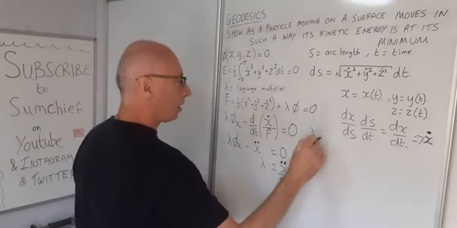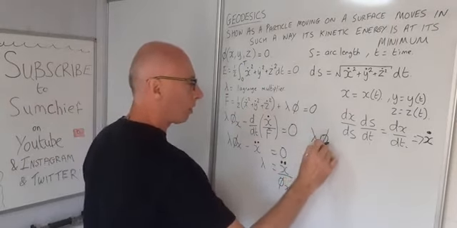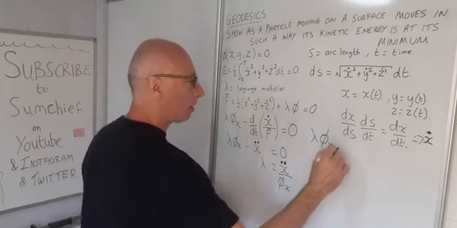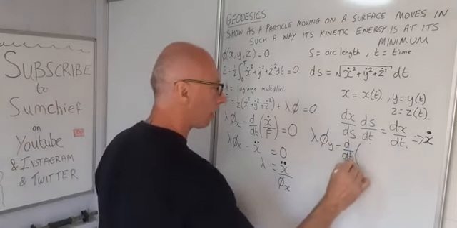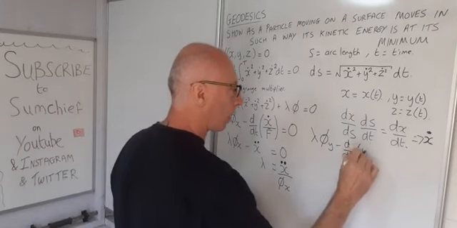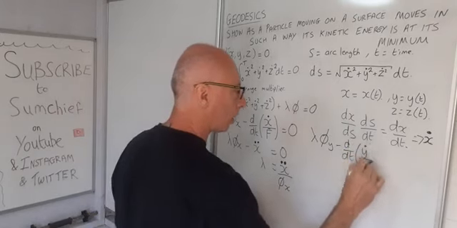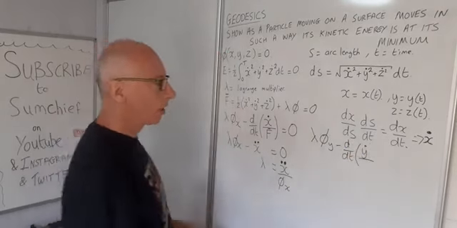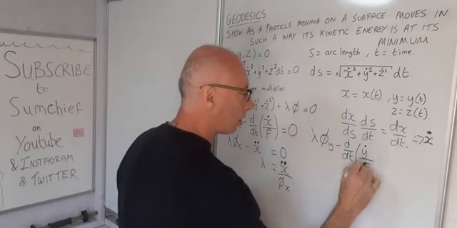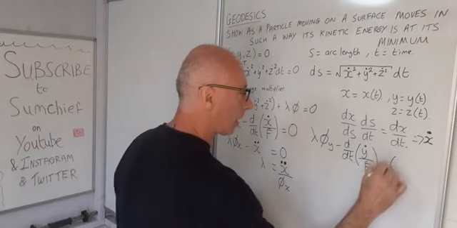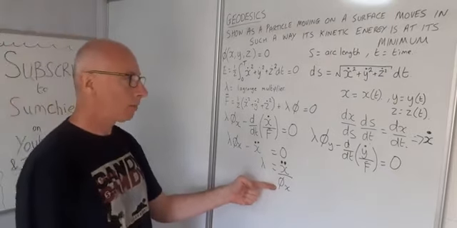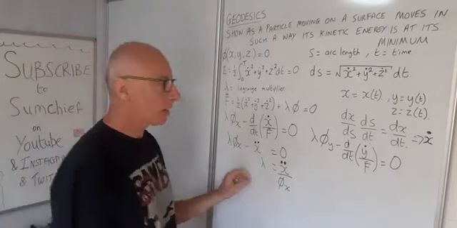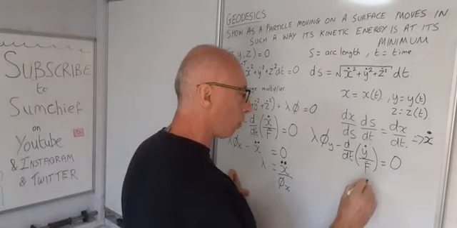So lambda partial derivative with respect to y minus the derivative with respect to t of our y parametric derivative with regards to f bar, and set that equal to 0, and you'll get the same as this one in same form, except with the x's replaced with y's.